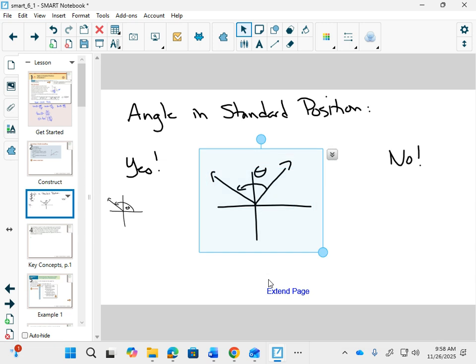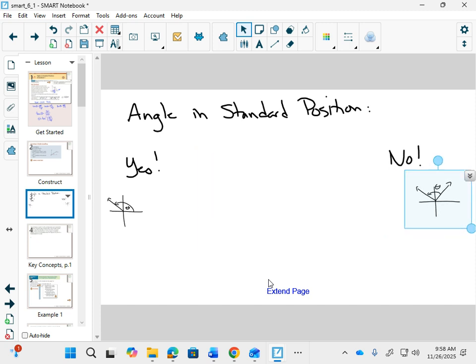They used to have a shortcut that if you group things and shook them, they stuck together, but I guess that shortcut doesn't work anymore. This one is not. So just the fact that the angle goes from left to right doesn't make it in standard position. Sometimes I try to find something that's similar between those two, but a little bit different.